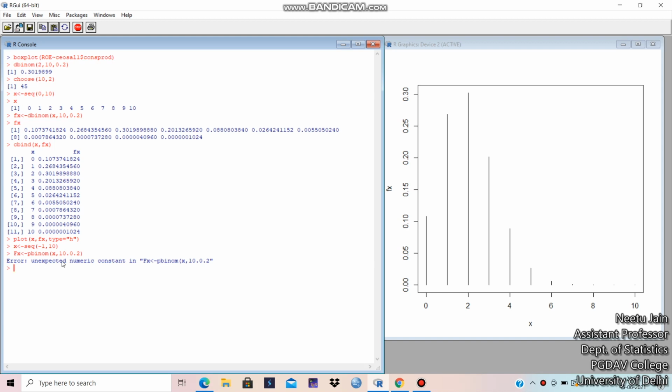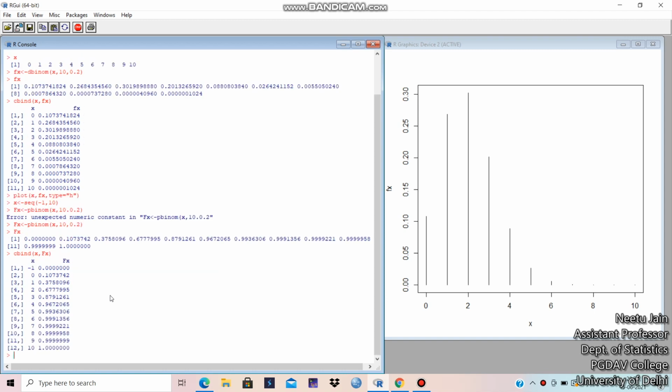There is some error, of course. There should be a comma. I write it again. Fx equal to pbinom. Okay, see, these are the cumulative probabilities. And similarly we can obtain the table with cbind.